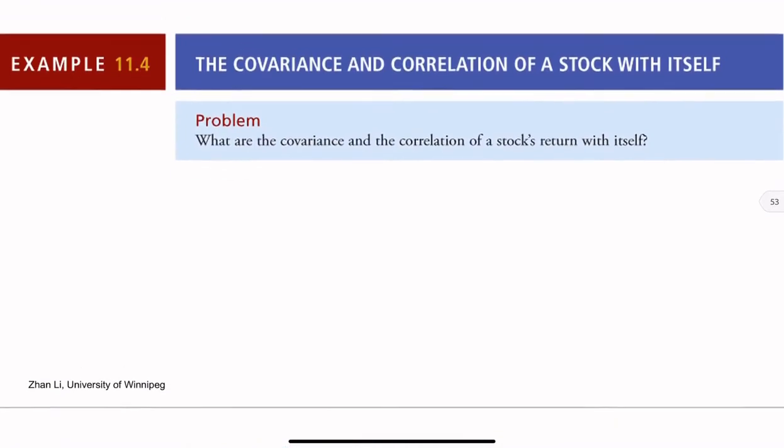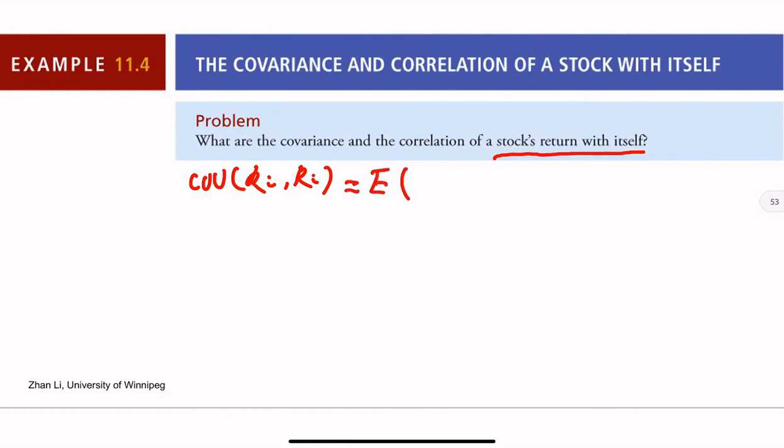Okay, now let's look at the next question. It says, what are the covariance and the correlation of a stock's return with itself? Now, of course, we are dealing with a special case here. We're thinking about a stock's return with itself. So let's see what is covariance of Ri and Ri, because we're trying to calculate the covariance of a stock's return with itself. We have learned about this.